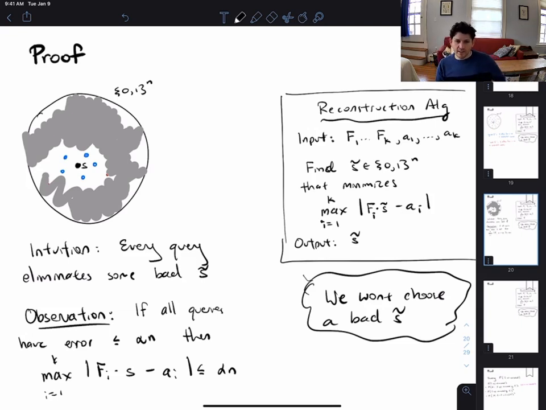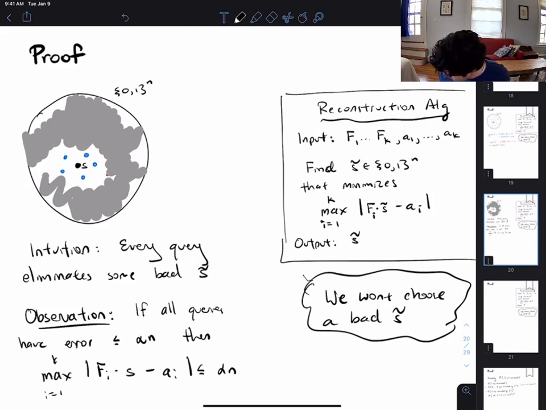So what we know is that this reconstruction attack is going to output some S tilde satisfying that this quantity is at most alpha n, because it can only output something that's at least as good as S itself. Because of the error, it might actually output something that's not S, where this quantity is even lower, but we know that it's going to output something where the answer is at most alpha n. That's the key thing we use: this reconstruction algorithm outputs something where the maximum error for S tilde is at most alpha n.